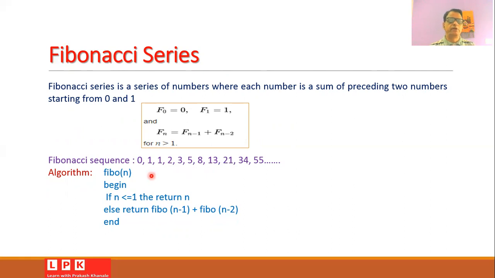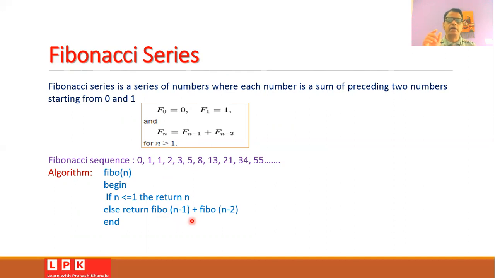Suppose this is the Fibonacci function, FIBO. Initially we will check if n is less than or equal to 1. If n is less than or equal to 1, then the value of n itself is the Fibonacci number. Otherwise, we will call the same function: Fibonacci of n minus 1 plus Fibonacci of n minus 2.